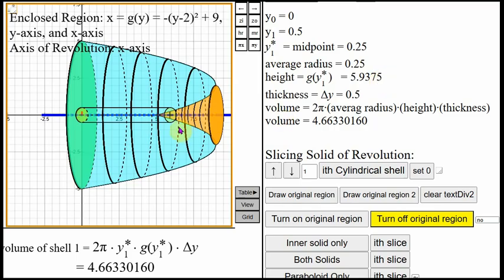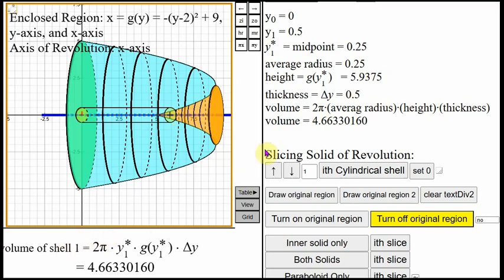And then the volume for shell number 1 is going to be 2 pi times the average radius of 0.25 times the height of 5.9375 times the thickness of 0.5. Then we'll get 4.6633 for the volume of shell number 1.